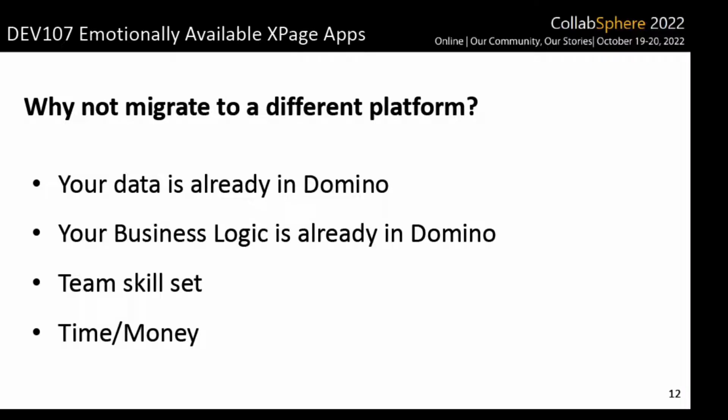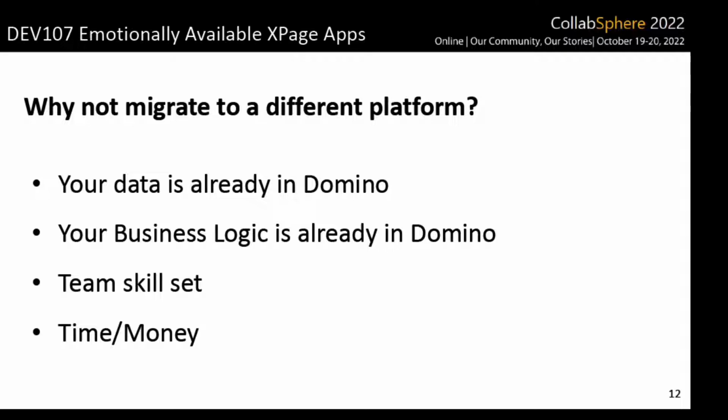Something we hear a lot these days, and for the last few years, is, well, why not just migrate to a different platform? Well, if you're heavily invested in Domino, you have a lot of data in Domino like we do, your business logic is already in Domino, and the skill set of your team is also deeply invested in the Domino stack.